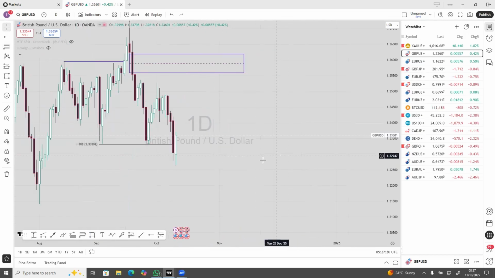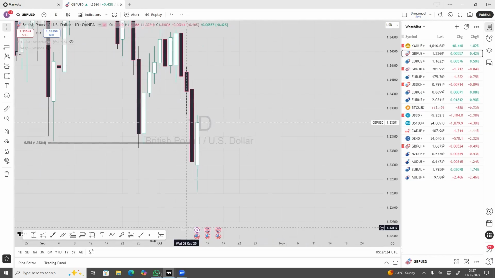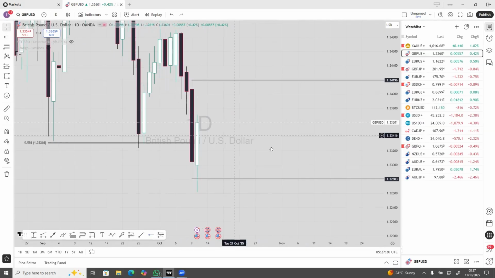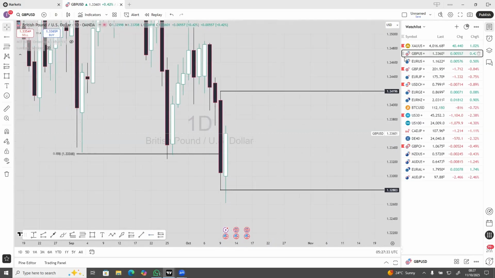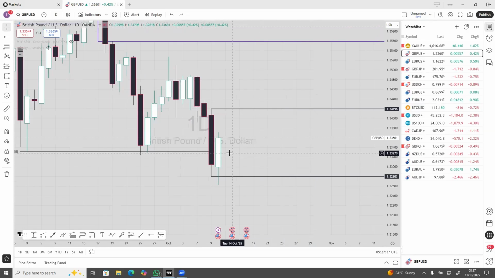And then after creation of that market structure, it created good CRT model. You can see over here there is good CRT model. See manipulation candle, and Friday candle closed bullish like that. Very, very good CRT model.